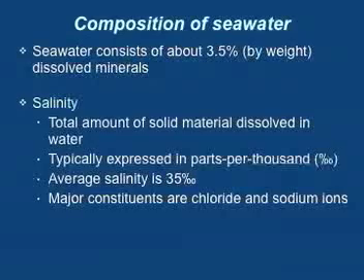All right, if you went to the ocean and got 1 kilogram of seawater, that's about 2.2 pounds, and then you put those little evaporative lamps on it, you would end up with about 35 grams of salts, dissolved substances, after all the water was removed. So it's about 3.5% by weight dissolved substances.